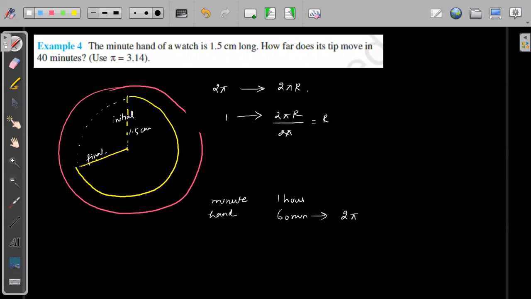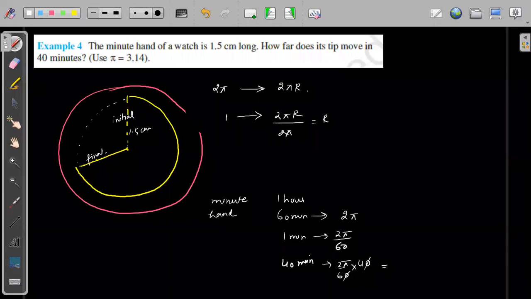So in 1 minute, the minute hand moves 2 pi by 60. In 40 minutes, the minute hand will move 2 pi by 60 into 40. This is 4 pi by 3. So it will move 4 pi by 3.